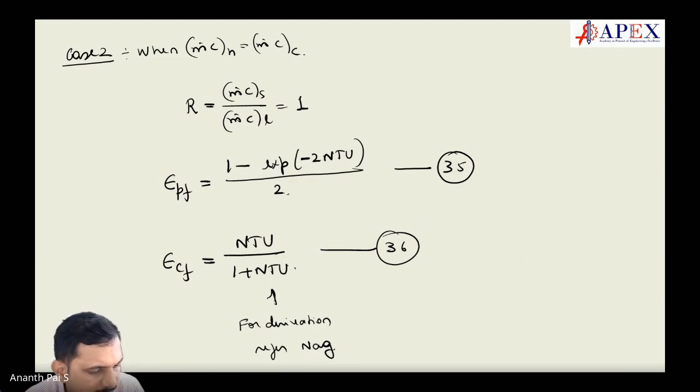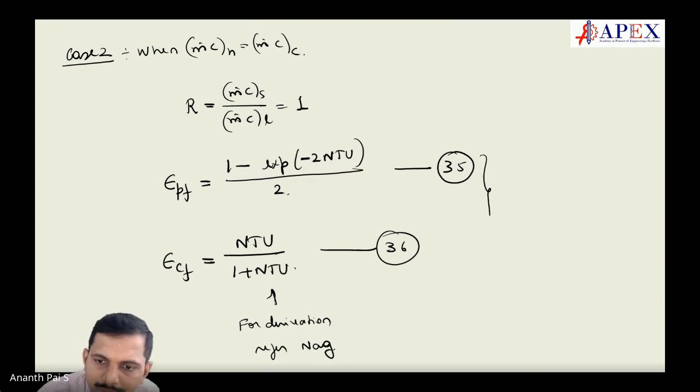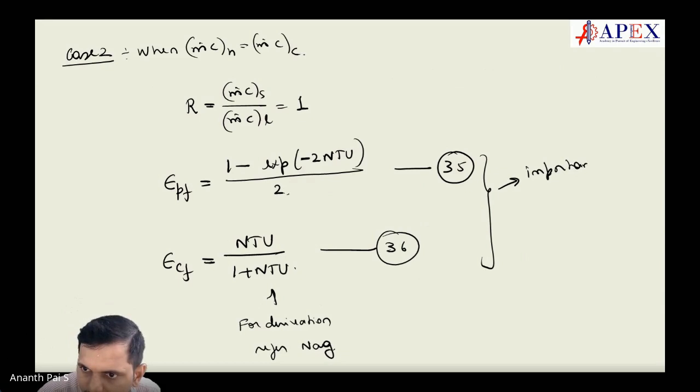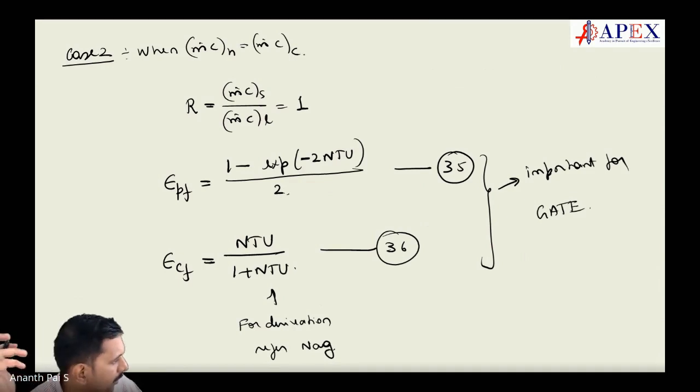It's an easy derivation, but still. These two are important for GATE. Generally these are the questions they ask. So theory is complete.